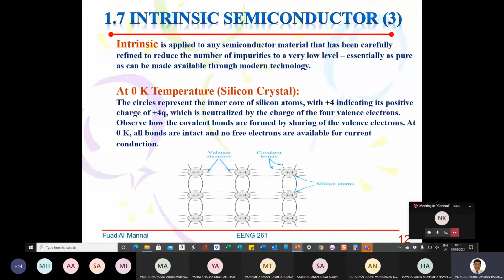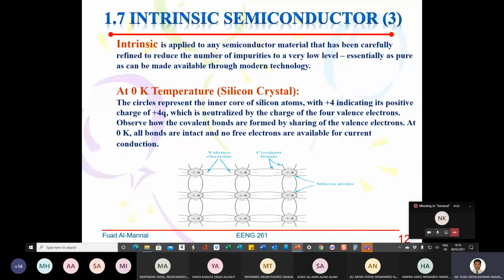This is made by modern technology. They purify it so that the impurity in the semiconductor is very low, and we call this intrinsic, a very pure semiconductor. Any questions so far?